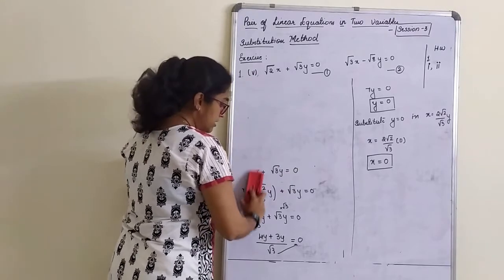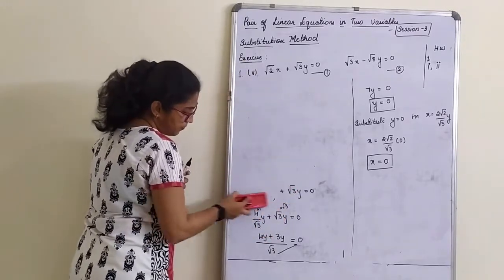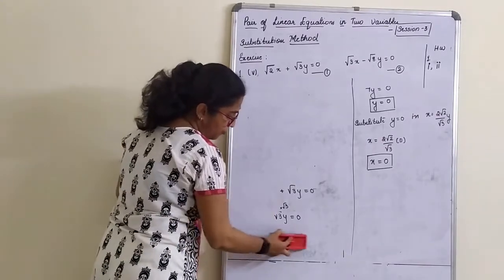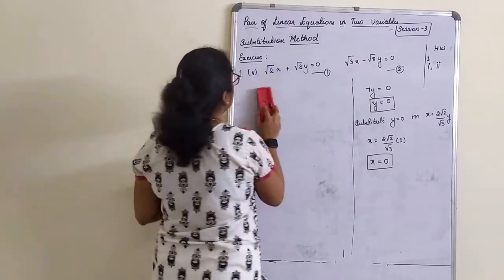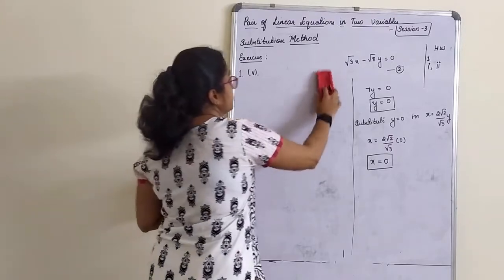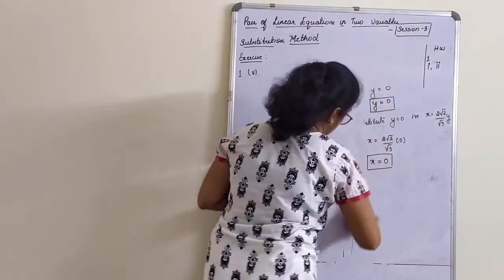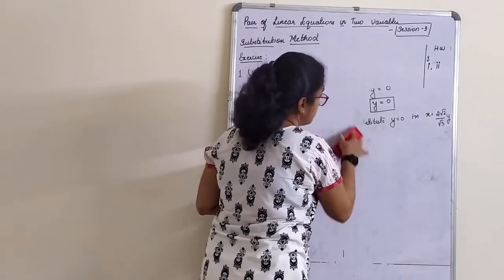But sometimes the substitution method also is easy depending on your choice. But in an exam, if a particular method is asked, then go for it. Otherwise, it's left to you to choose. But any method you do, the answer should be the same.